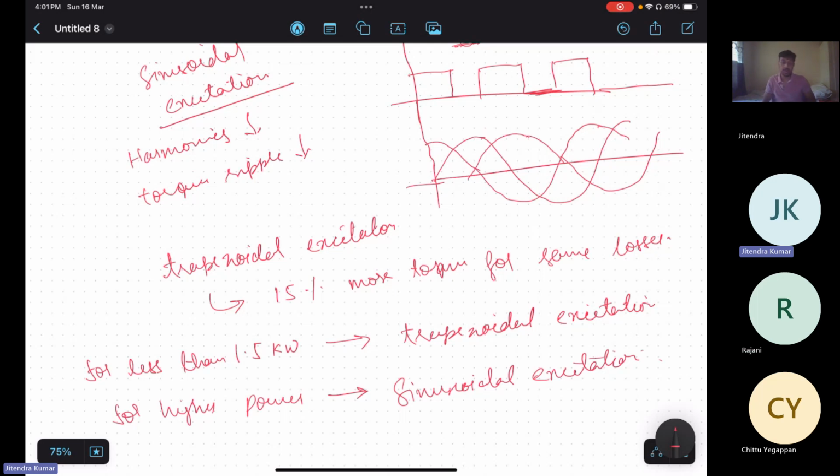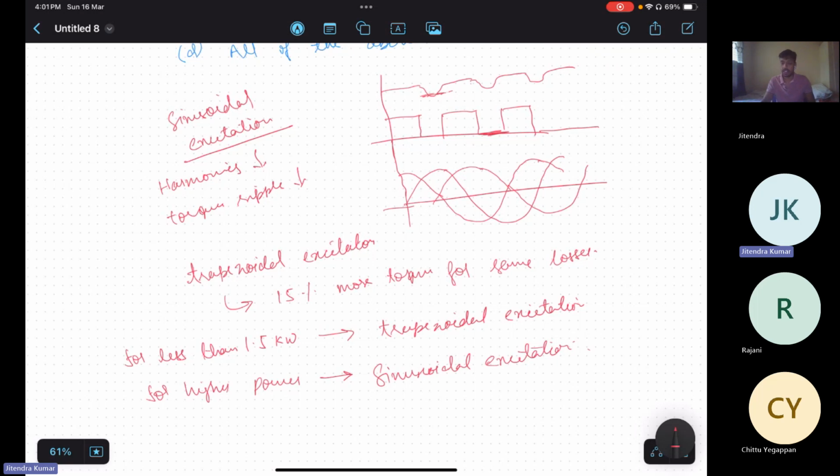Even at higher speed, it becomes more and more critical to reduce ripple torque. Also, it may happen that at higher power, the harmonics in trapezoidal excitation are way more than whatever is required to maintain the rated value of torque. So in some cases, because of harmonics, your sinusoidal excitation based motor may produce higher torque compared to a BLDC or trapezoidal based motor.